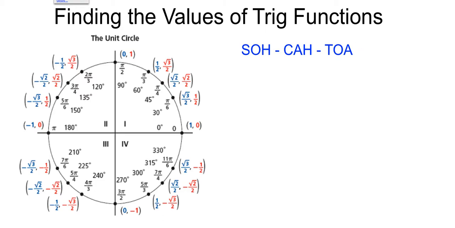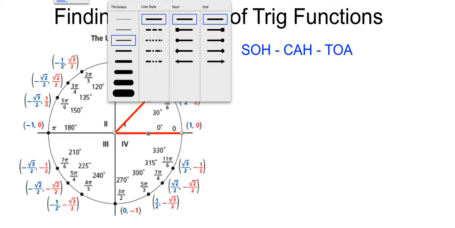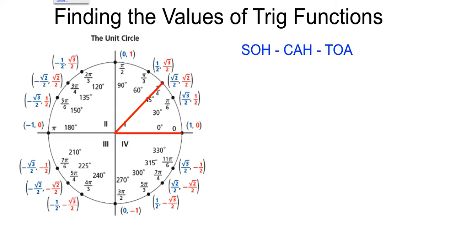So let's pretend that we draw an angle in here. We're just going to draw it right over here to 45 degrees, or in other words, pi over 4 radians. So if we have this angle here, and we want to imagine the 6 trig functions, we're going to picture a triangle drawn straight down here like this, where I know that this is going to end up being an isosceles right triangle, so this is going to be 45 degrees, this here is 45 degrees, and this down here would be 90 degrees.